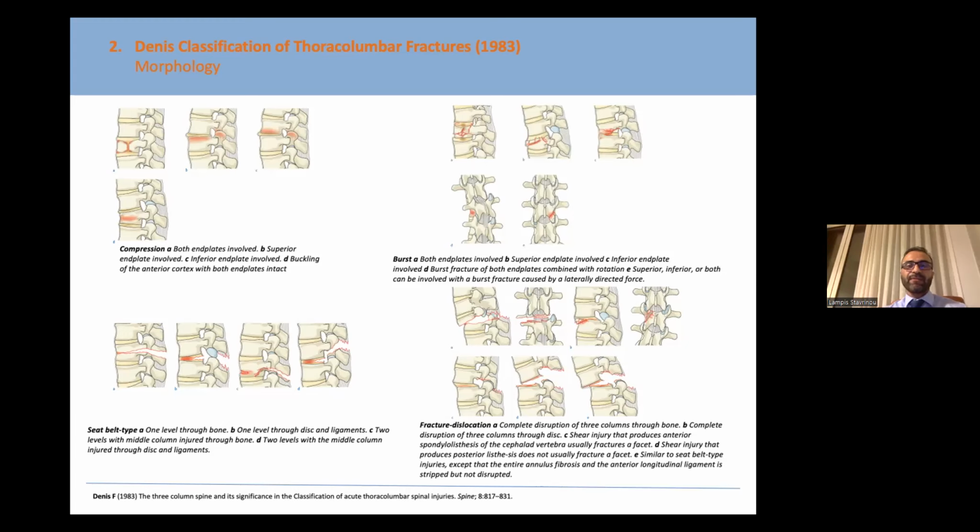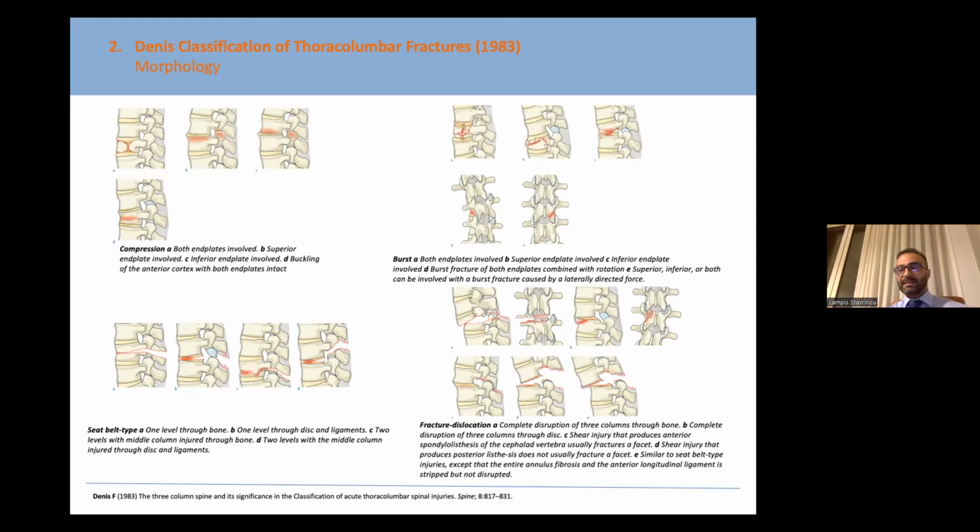Then we have the Chance fractures, the seatbelt fracture, which is a transverse fracture one level through bone, owing to hyperflexion and destruction when the point of flexion is anterior to the spine. This is how you get a Chance fracture to begin with. All right, and we have another 4 subdivisions.